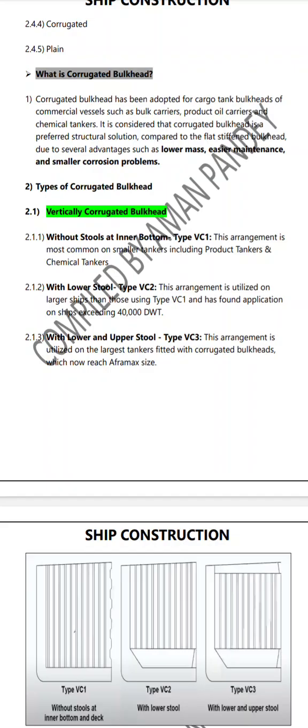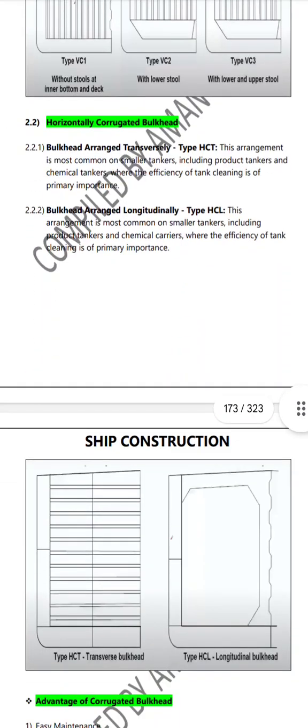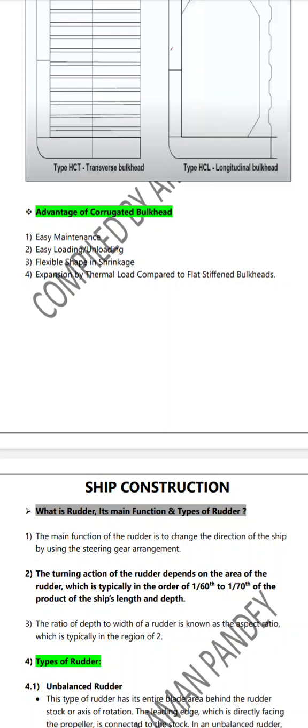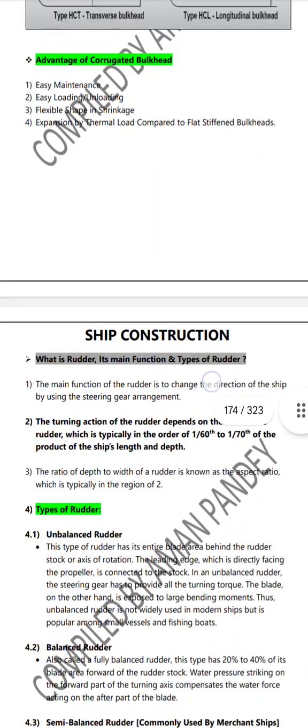Corrugated bulkheads can be either transverse or longitudinal, mostly used on small tankers and product tankers, easy for tank cleaning, and on chemical tankers where cleaning is of primary importance. The advantage is the expansion property under thermal load compared to flat stiffened bulkheads, with easy maintenance, lower mass, and easy loading and unloading. So this is all about that.